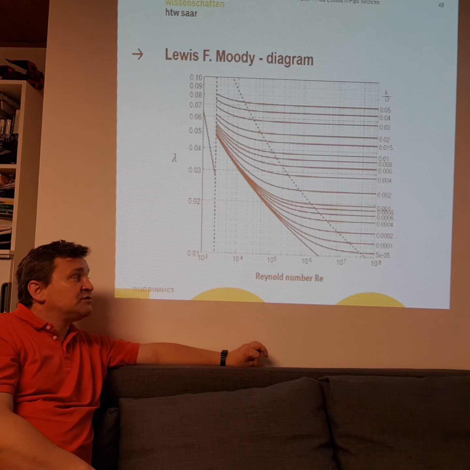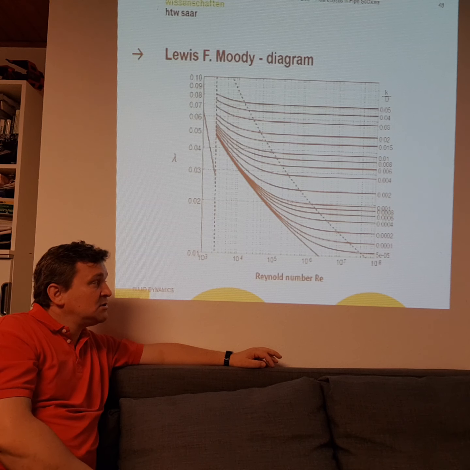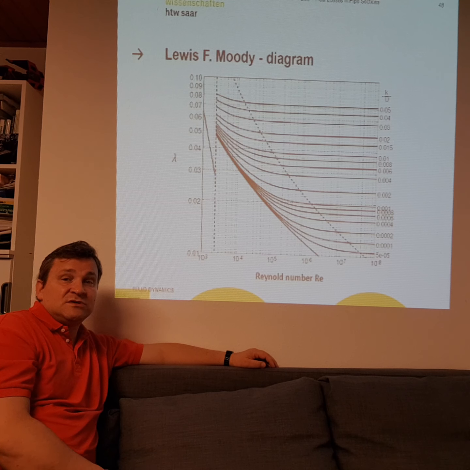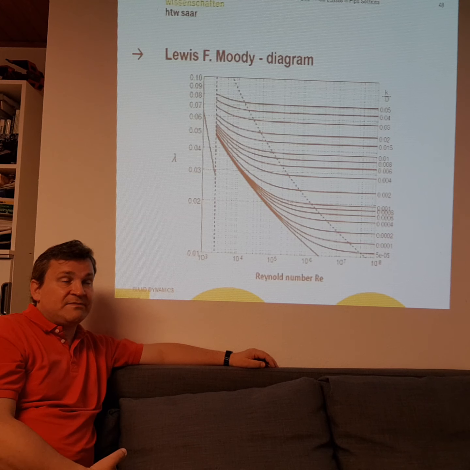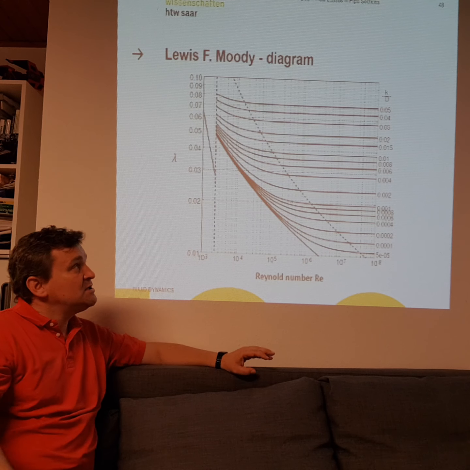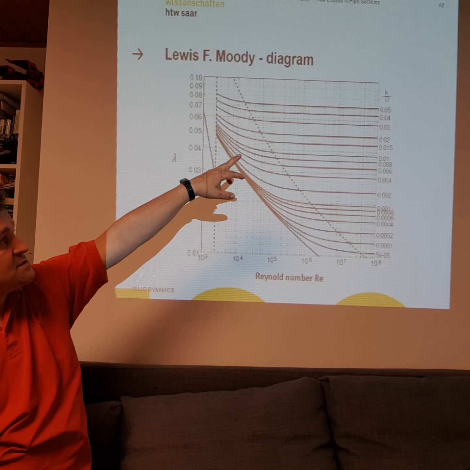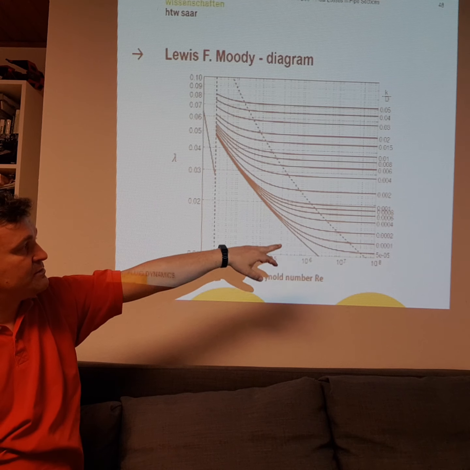But if the flow gets turbulent, if we get higher Reynolds numbers, then we will have different lambda values for every different roughness. So here we see a lot of different lines, and this is the sand grain roughness divided by the diameter of the pipe.